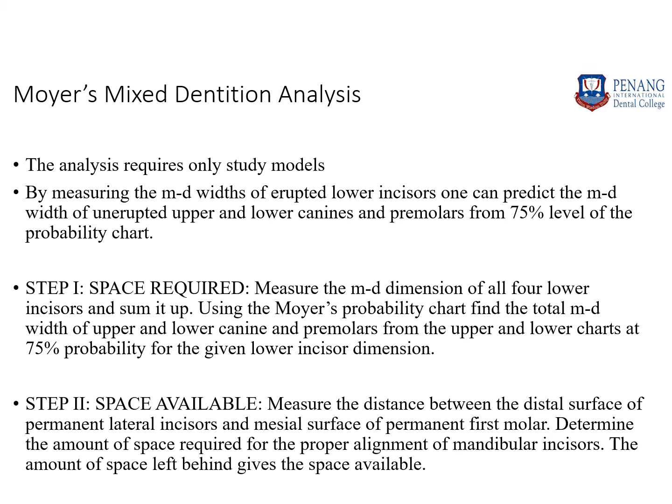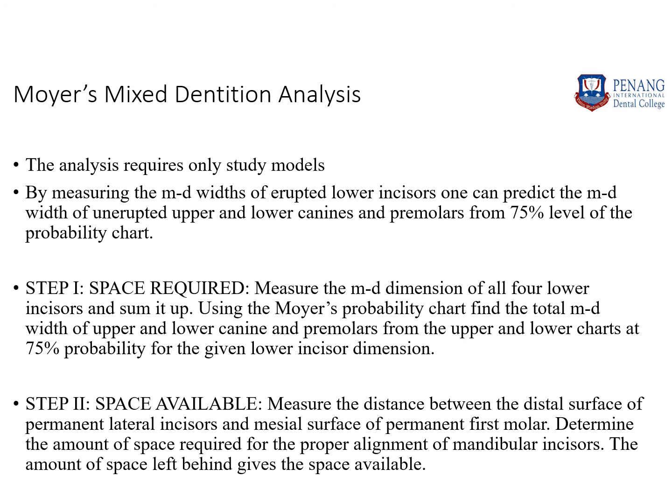However, here you will use the distance between the distal surface of the permanent lateral incisors and the mesial surface of permanent first molar. Distal surface of permanent lateral incisors to mesial surface of permanent first molar. So once you have this distance, you're able to determine the amount of space required for proper alignment of incisors. So once you have done that, whatever space is left behind will give you the amount of space availability.